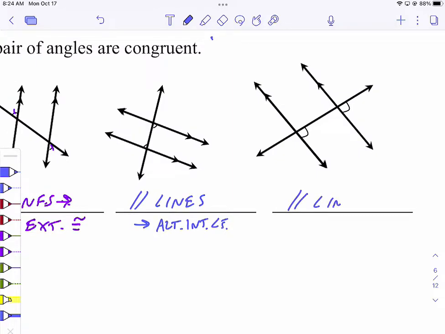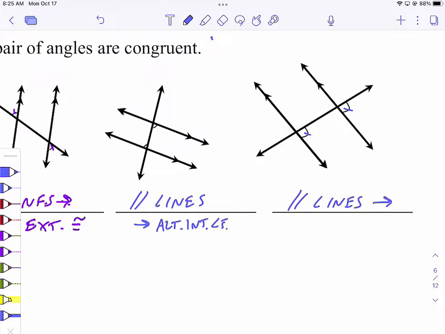Again, I write parallel lines implies. This arrow, you say the word implies. It just means that if parallel lines are true, then this second thing that we're writing has to be true. What kind of angles do you call these two? Corresponding. If you look at this X and this X, they're the ones on the right.